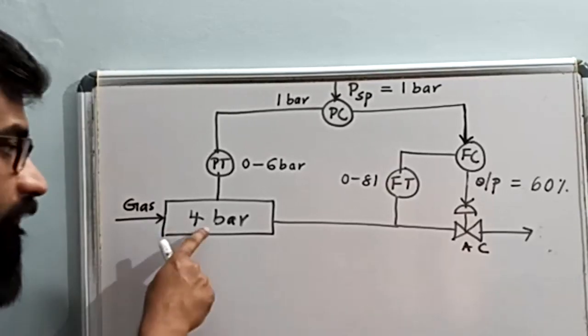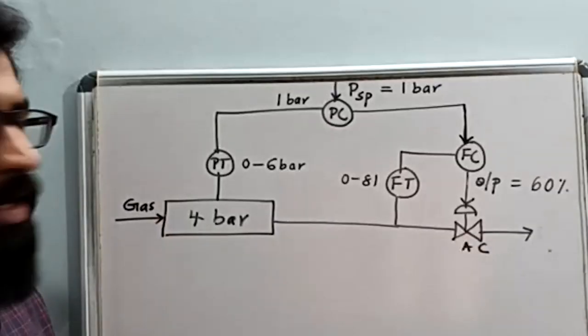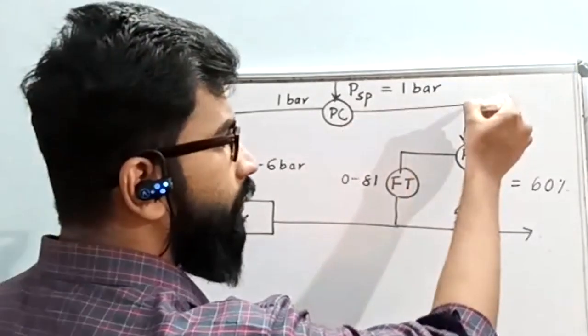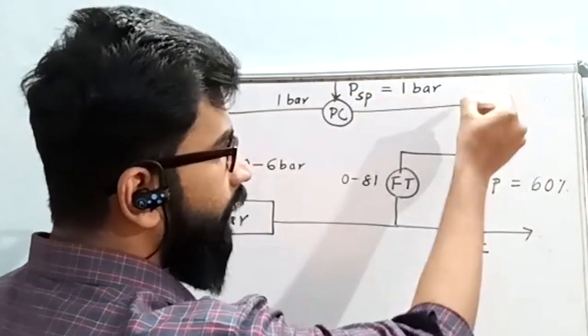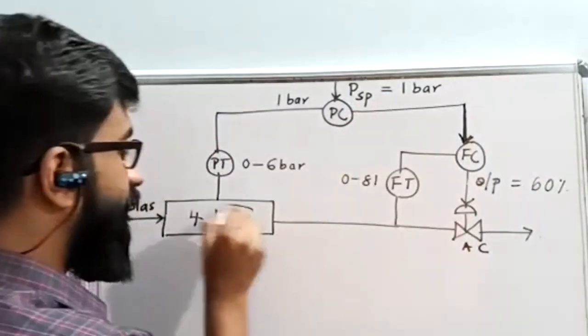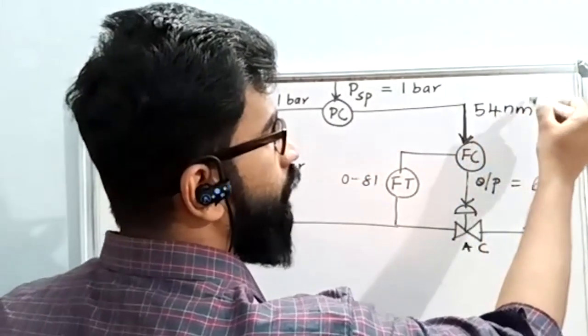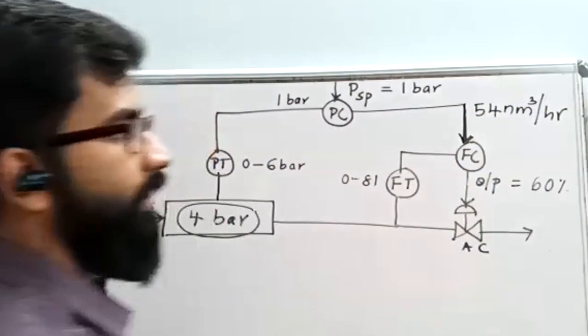The set point of the flow controller is this output, the output from the pressure controller. That is, for 4 bar pressure, you should get 54 Nm cube per hour flow rate.